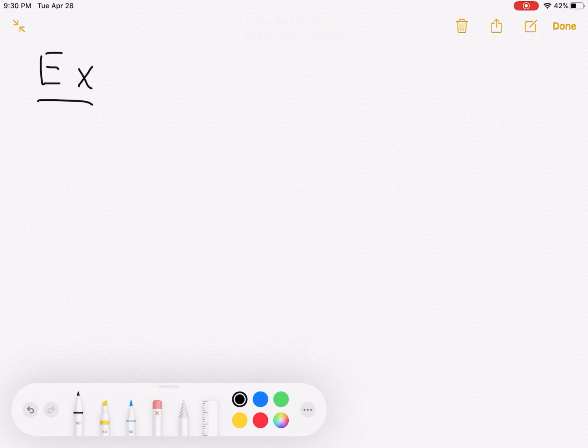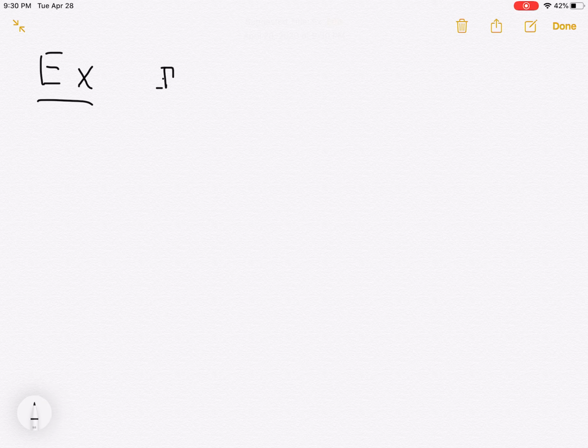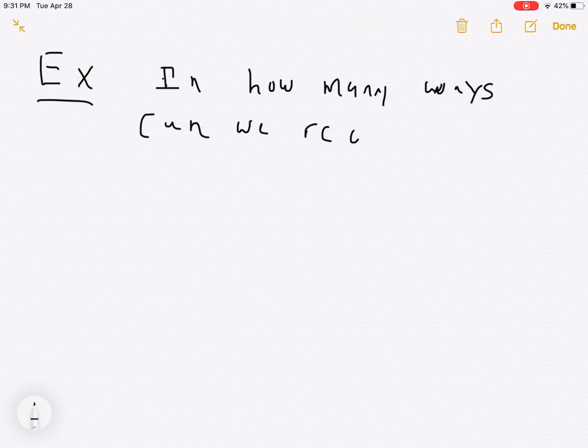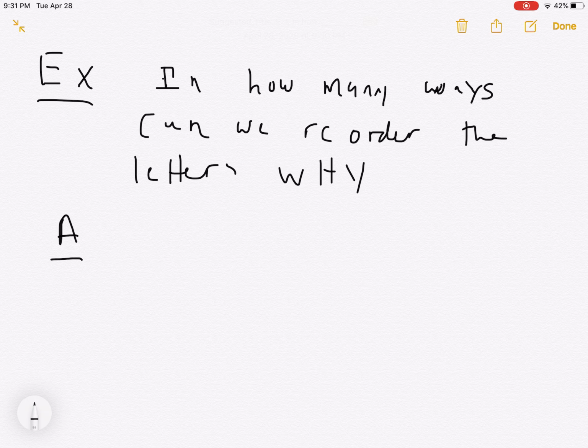How many ways can we reorder the letters W, H, Y? Just as an example of a reordering, one might be HWY, but we could write out all the different ones.